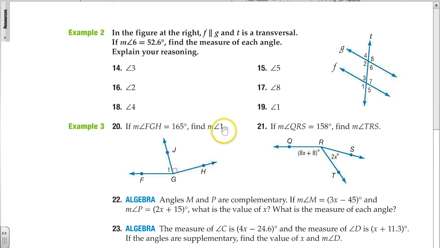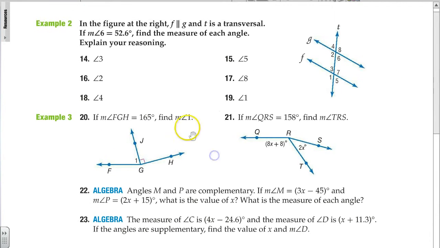Let's see here, jump ahead. Numbers 14 through 19. Let me just sketch that out real quick. We'll just do a few of those. Kind of show the way that I approach this. And measure angle 6 is 52.6.